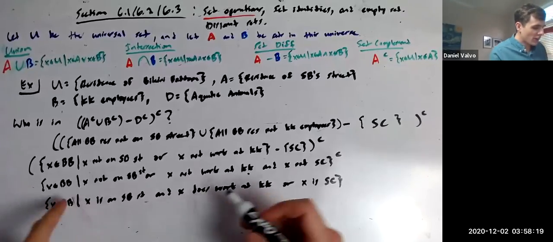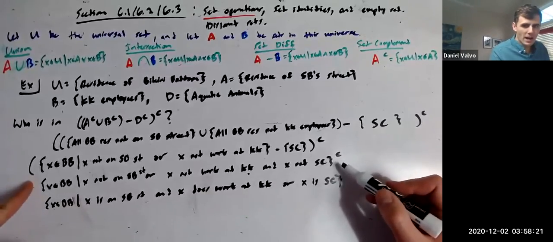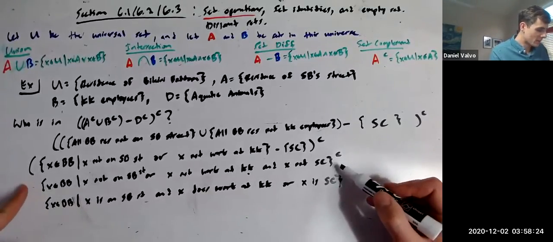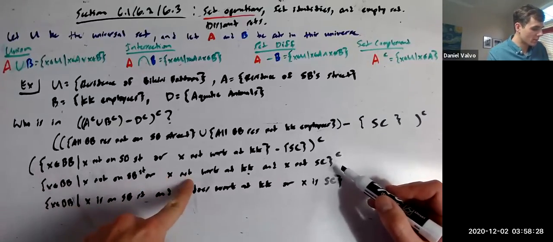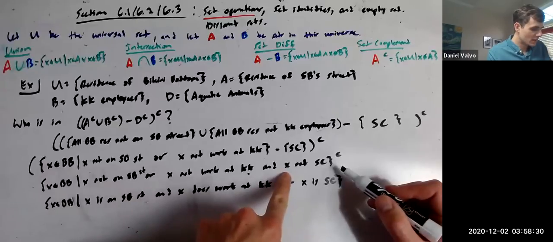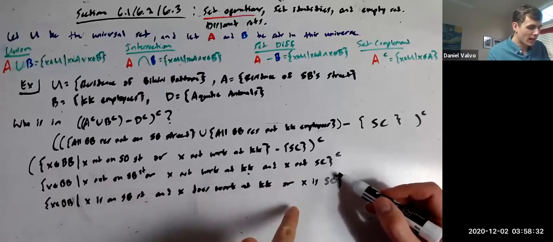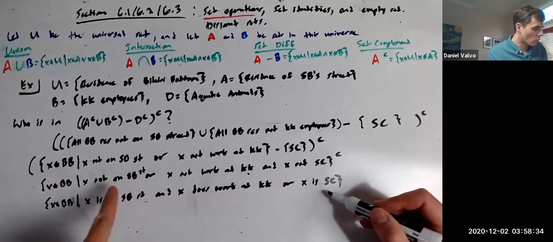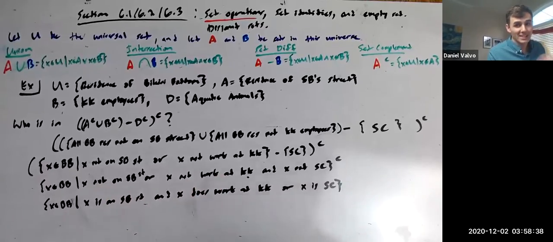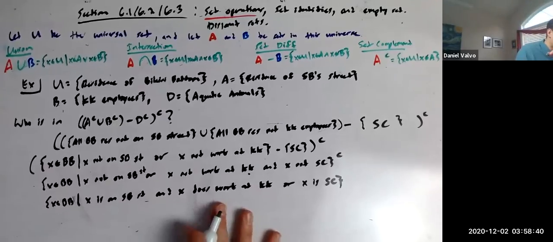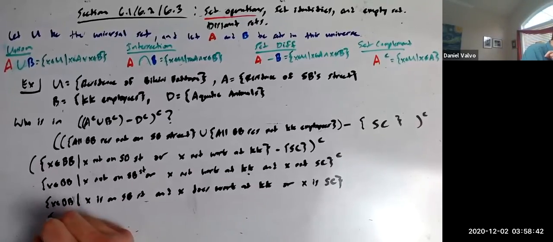Because I think you can see why this is the opposite of this. Because this is everyone that doesn't live on the street or does not work at the Krusty Krab and is not Sandy Cheeks. So in order to be the opposite of that, you have to either be Sandy Cheeks or you have to work at Krusty Krab and be on SpongeBob Street. It's kind of complicated, which is exactly why set identities are going to be awesome. But anyway, I hope this makes sense.